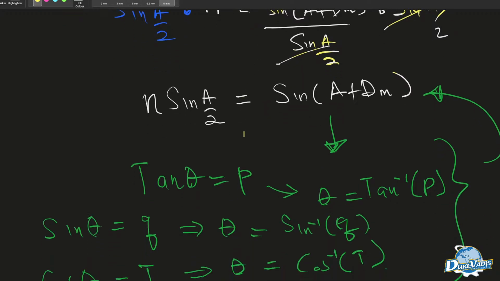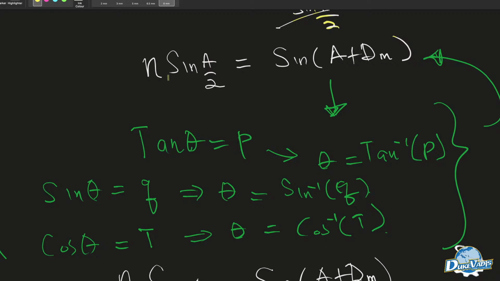So after that, this is the equation we got to. Remember, this equation we got to at a certain point. When we got rid of the sine A over 2, it became a straight linear equation for us to be able to manipulate.